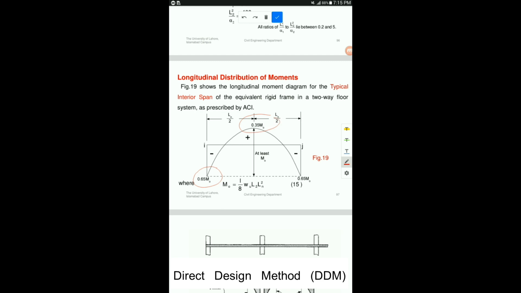They always remain constant, 0.65 and 0.35. Onwards, it's always again 0.65, then 0.35, then 0.65, then 0.35. It keeps going on the same way. So basically you first find a particular case, then depending upon that case, you select 3 coefficients, 1, 2 and 3. And this will be for location 4 and this for location 5.